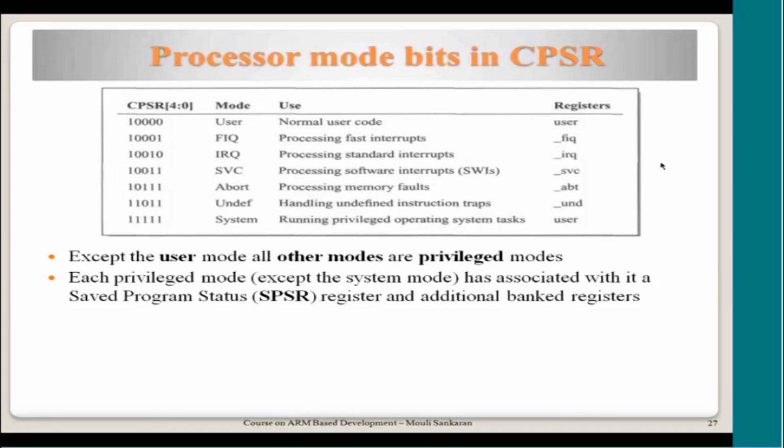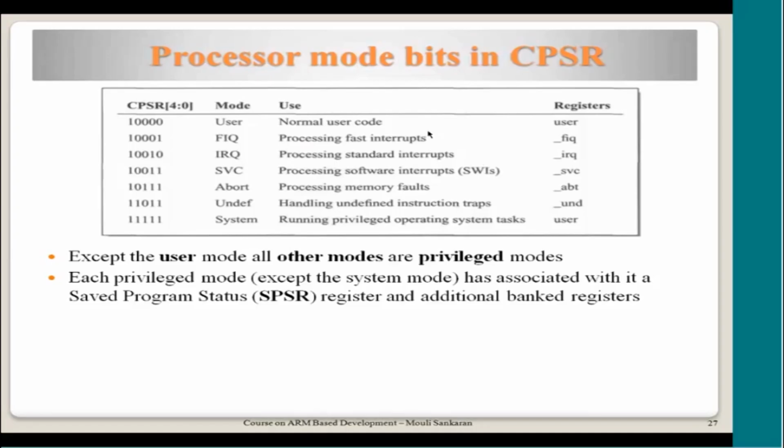I'll give an example. Suppose a processor is running in user mode. Assume before getting into the user mode, some supervisory code was running, and it enabled the FIQ bit in the CPSR. That means if any interrupt comes, the FIQ interrupt will be processed and it will go to the service routine in the ISR.